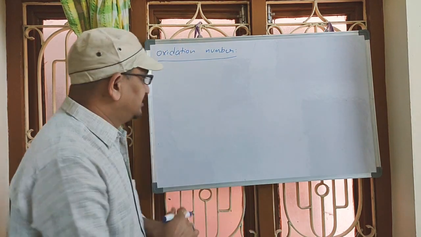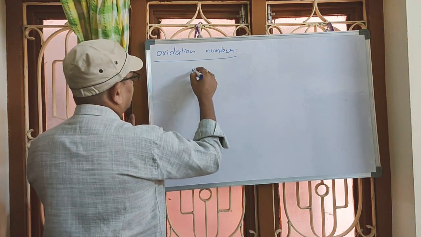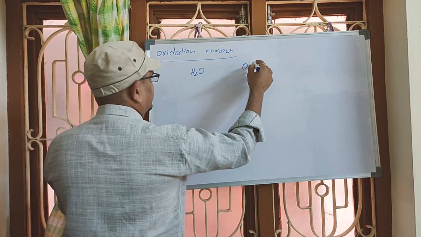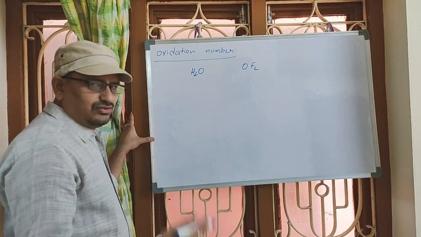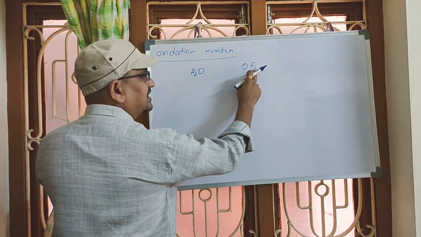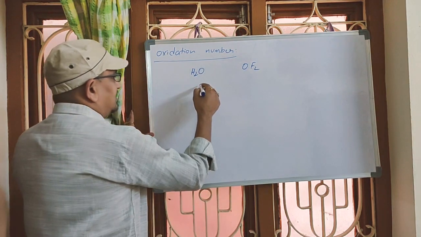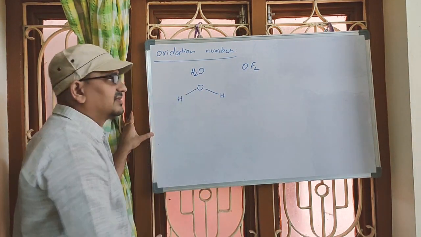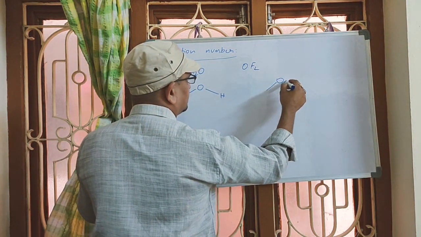Suppose you take H2O and OF2. You know that the more electronegative atom must be placed on the right side. Now, this structure is seen. Even this also.